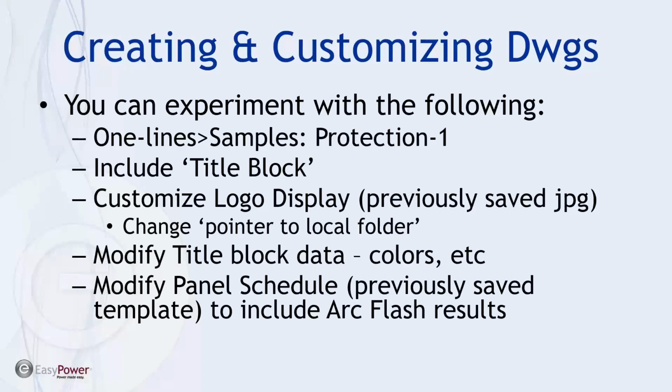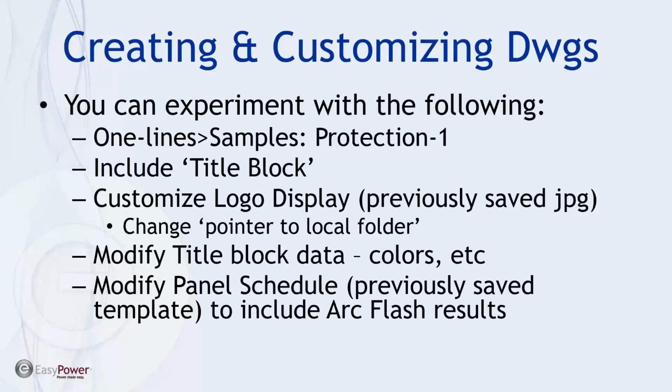Now, what I'm about to do, you can experiment with if you have the tools yourself, with a file that's installed in the sample folder of the one-lines, and I'll show you how to get to it in a second. What you're going to see me do is include the title block on a drawing, do some customization with the logos that are displayed, and in this case I previously saved a JPEG image that I'll use as the logo.